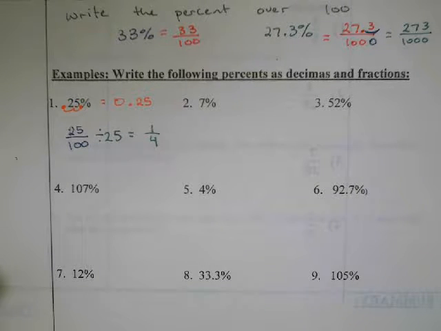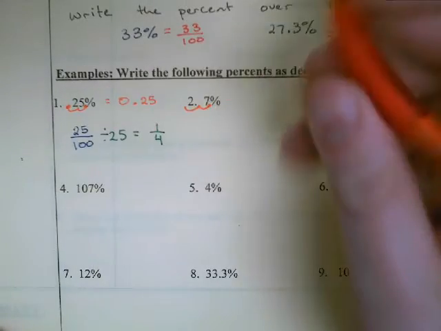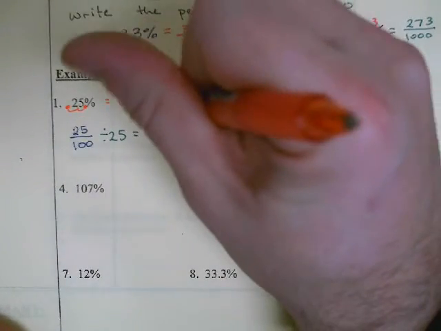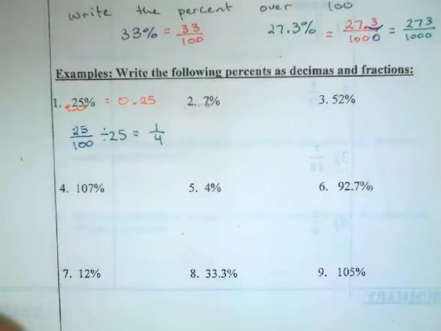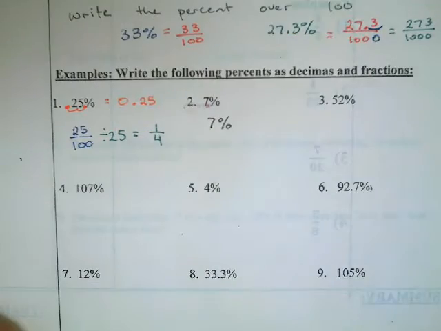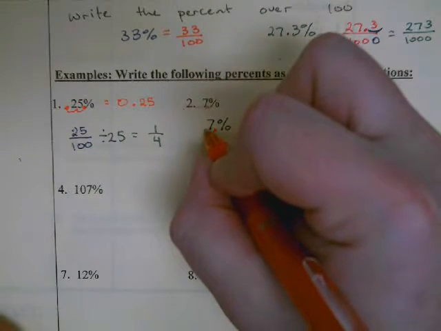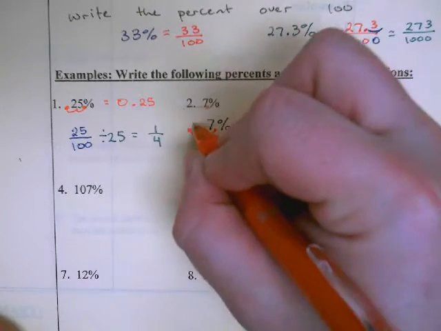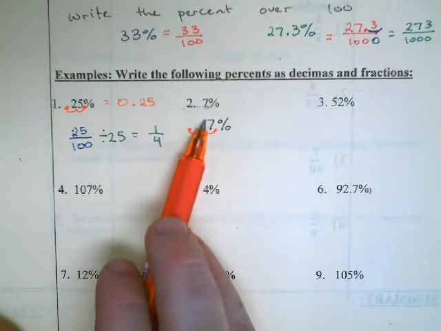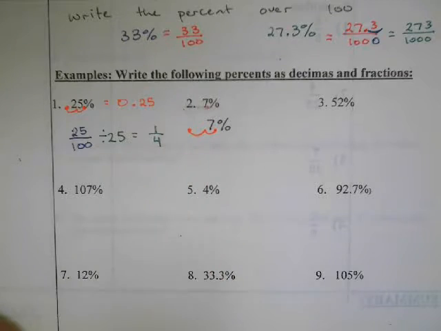So let's try this one. Now we're going to move our decimal 2 places, starting from the hidden decimal. But when I move it 2 places, I don't have enough space here. So let's rewrite this. When I move this hidden decimal 2 places, I have a blank space right here. What am I going to write in that blank space to fill the void?